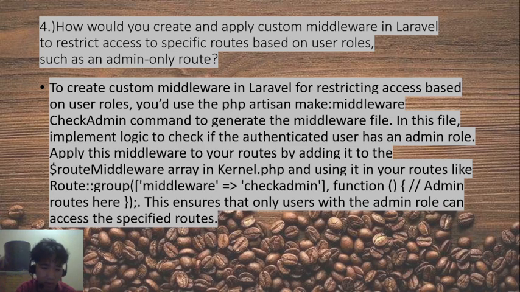In this file, implement logic to check if the authenticated user has an admin role. Apply this middleware to your routes by adding it to the route middleware array in Kernel.php, using it in your routes like Route::group middleware CheckAdmin function, admin routes here. This ensures that only users with the admin role can access the specified routes.